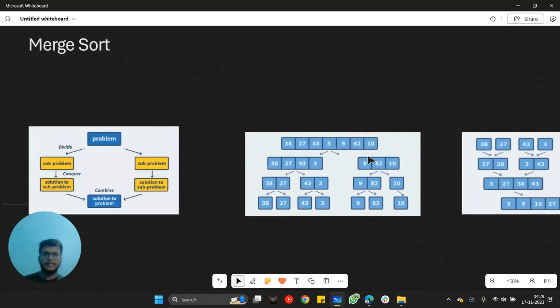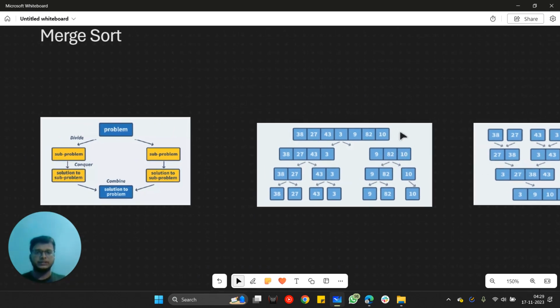In merge sort, we have this array, for example. So this is now a bigger problem. And in merge sort, what is a smaller problem? We need to solve the smaller problem and then combine, right? In merge sort, the smaller problem is when we have a single element like these.